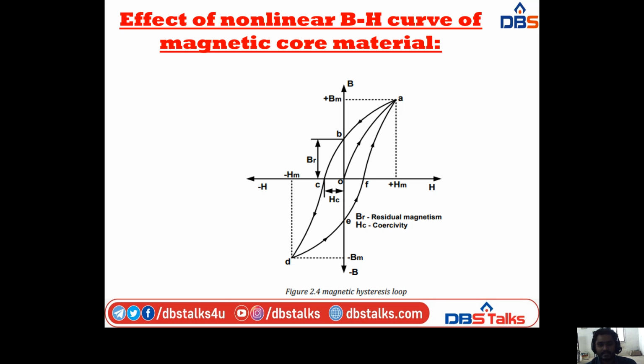The curve is drawn from the third quadrant to the second quadrant through the first quadrant, and from the third quadrant through the fourth quadrant and first quadrant. We represent with a dotted line from plus BM and minus HM for plus HM in the second quadrant, and next we have minus BM, minus HM, and minus H, like that in the third, fourth and first quadrants also.